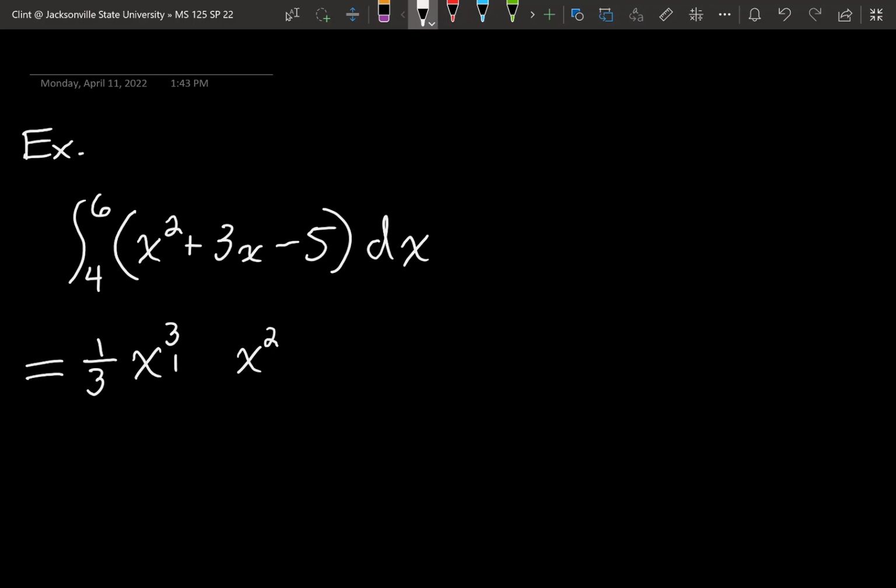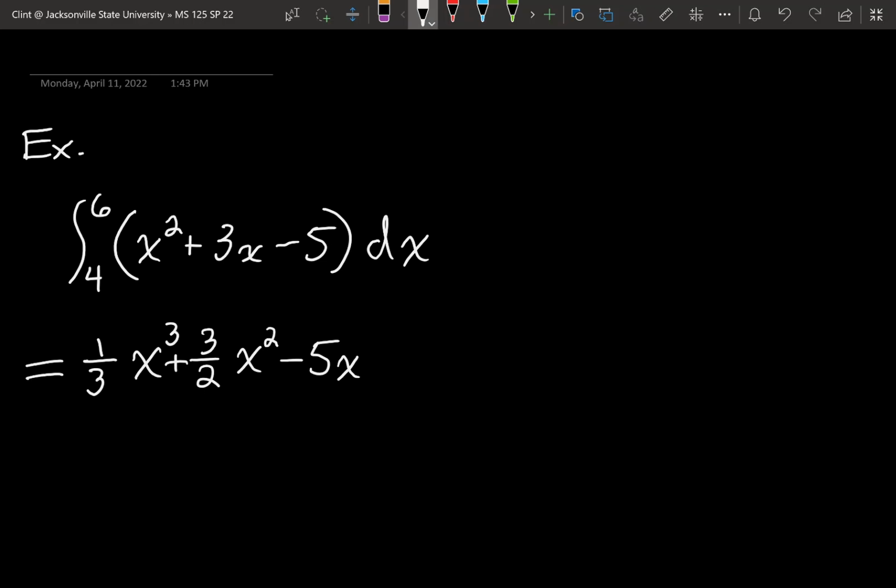We did have a 3, and now we'll have 3 divided by 2. And then for the minus 5 part, that's just a constant. The first antiderivative rule just said we add a variable, so that would be minus 5x.